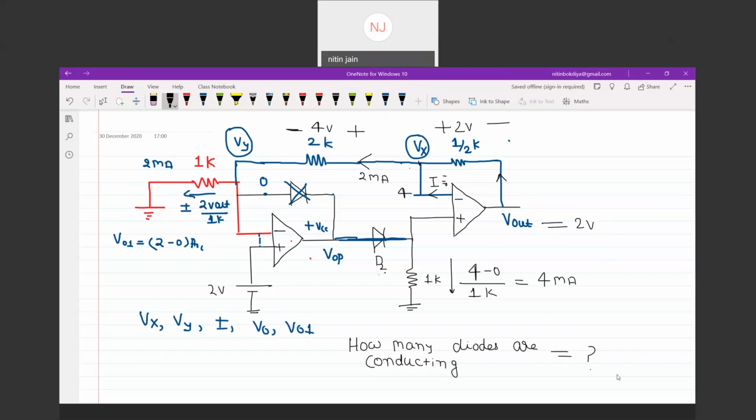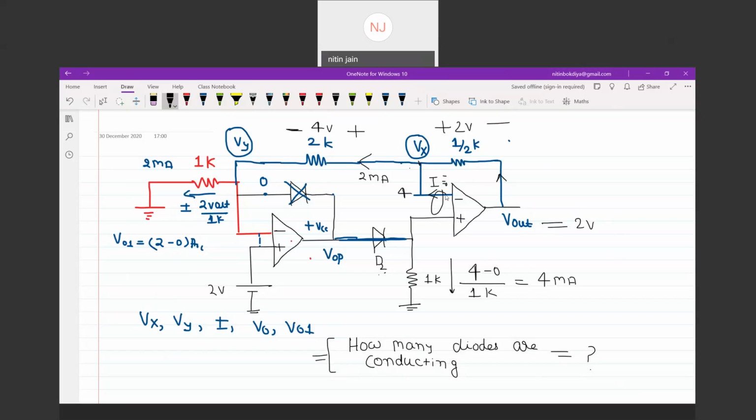If you are able to know how many diodes are conducting, then it's very easy, because the op-amp's terminal will not accept current. This terminal will not accept current, and then you will get the answer. So this is the idea for op-amp circuits.